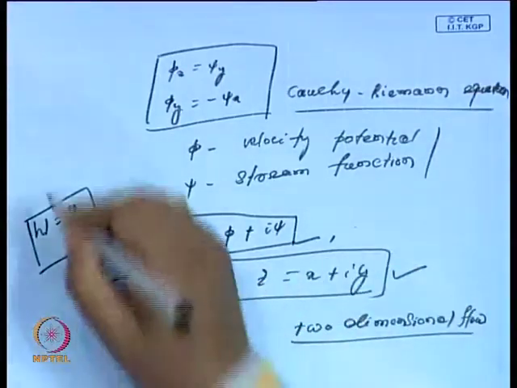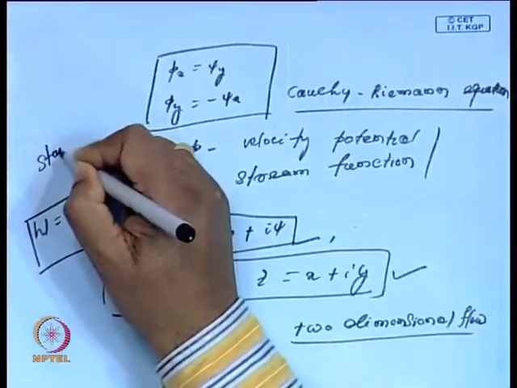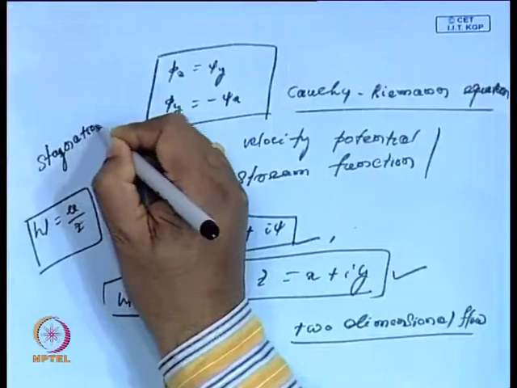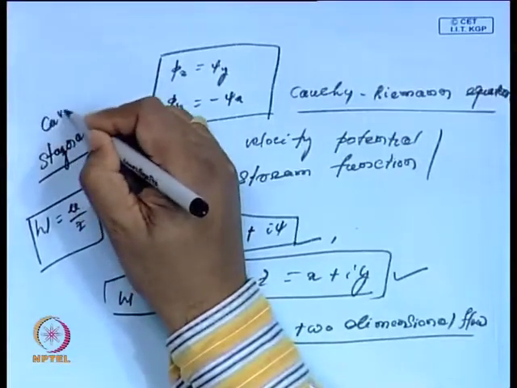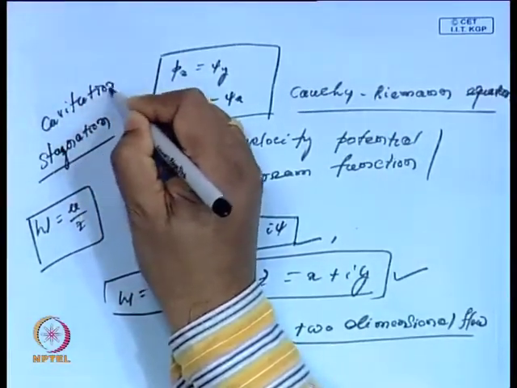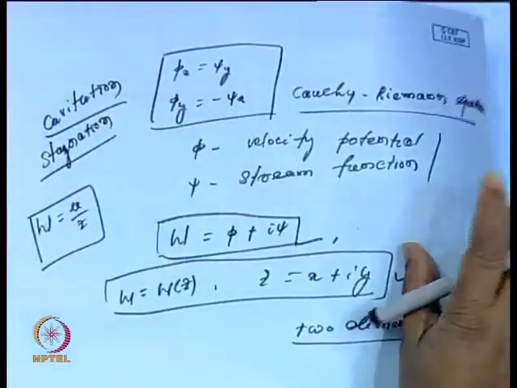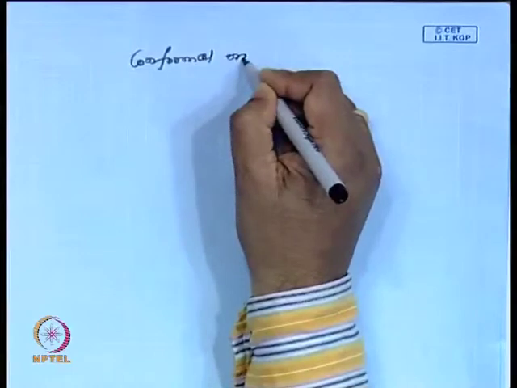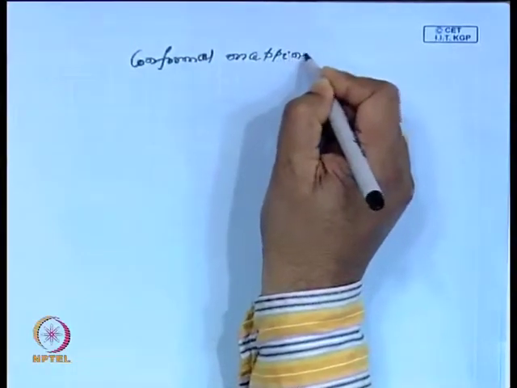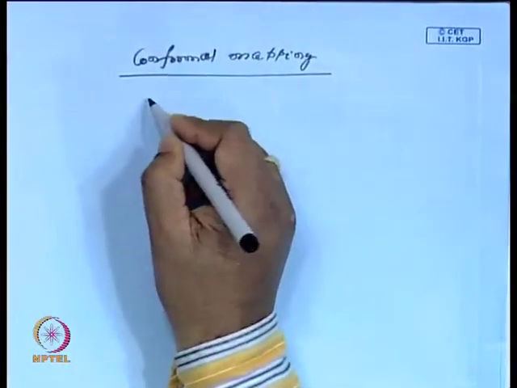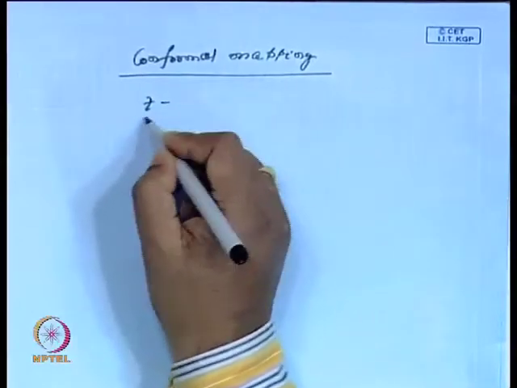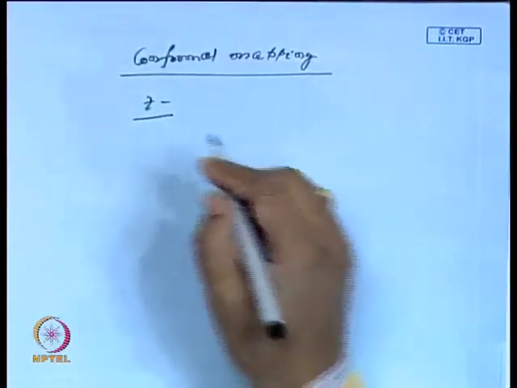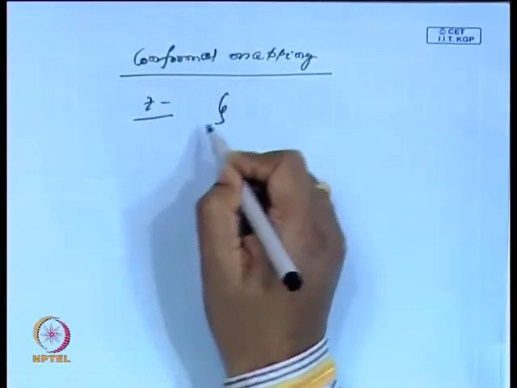Then we have gone to several flow characteristics. We have talked about the stagnation point, stagnation flow, cavity formation, cavitation theory, and then when we came to conformal mapping, it simplified most of our analysis, because we brought in a complex variable Z and took another variable, zeta.